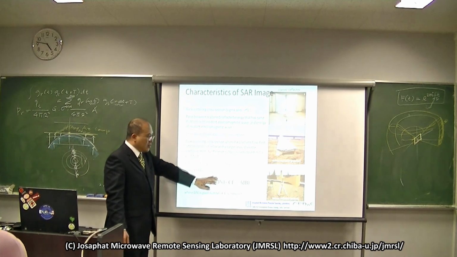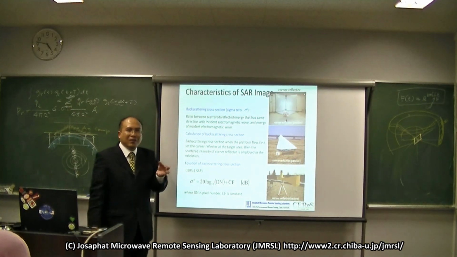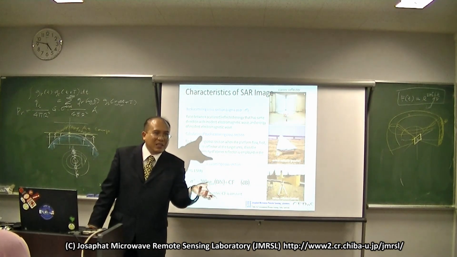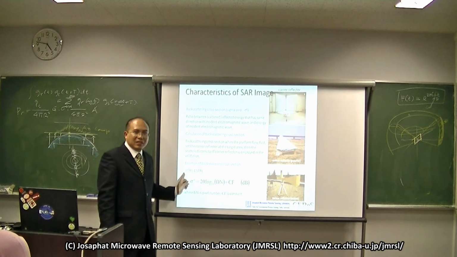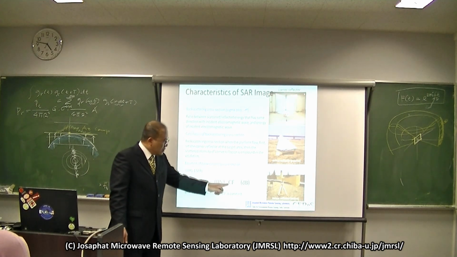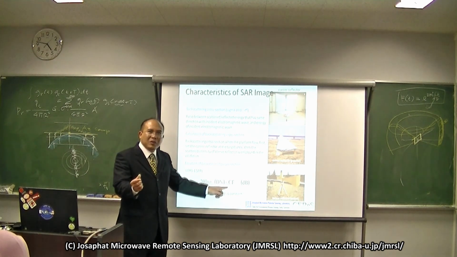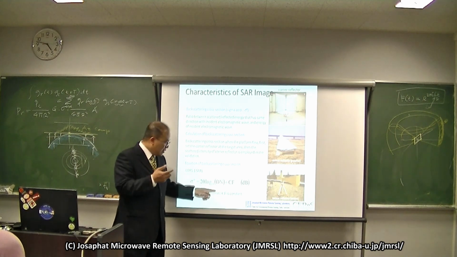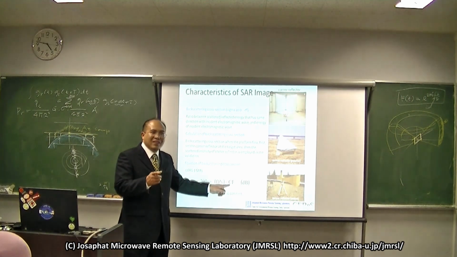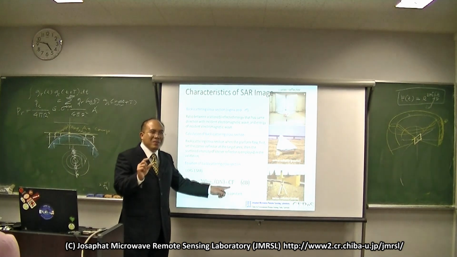If you buy from the space agency, you can find the standard one. It is very easy. If you buy, for example, data recorded in 1996, you will find how many dB the CF in 1996 is. They already defined it.